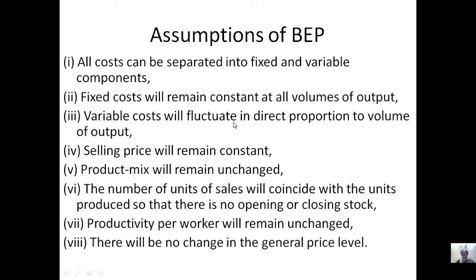Variable costs will fluctuate in direct proportion to volume of output. Selling price will remain constant. Product mix will remain unchanged. The number of units of sales will coincide with the units produced, so that there is no opening or closing stock. Productivity per worker will remain unchanged. There will be no change in the general price level.